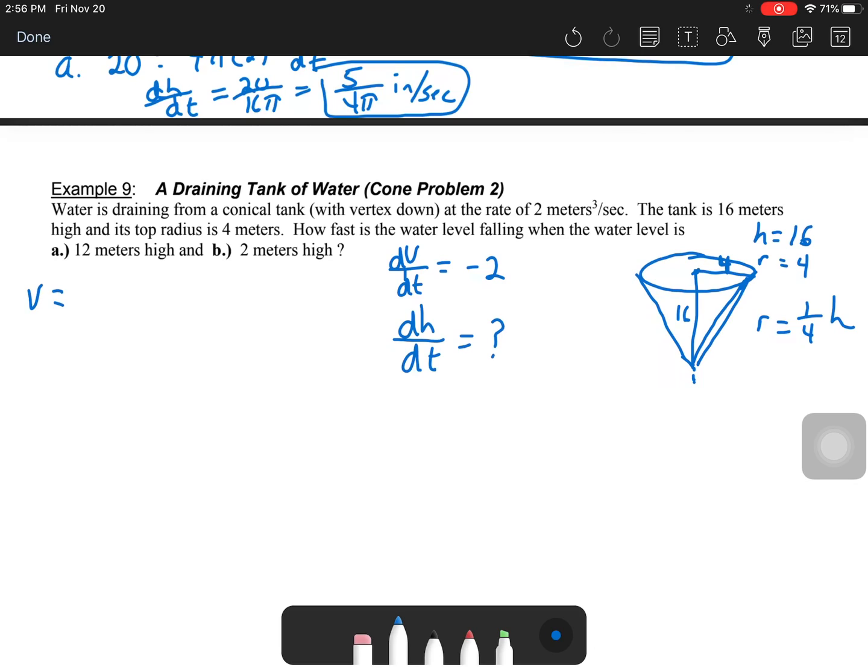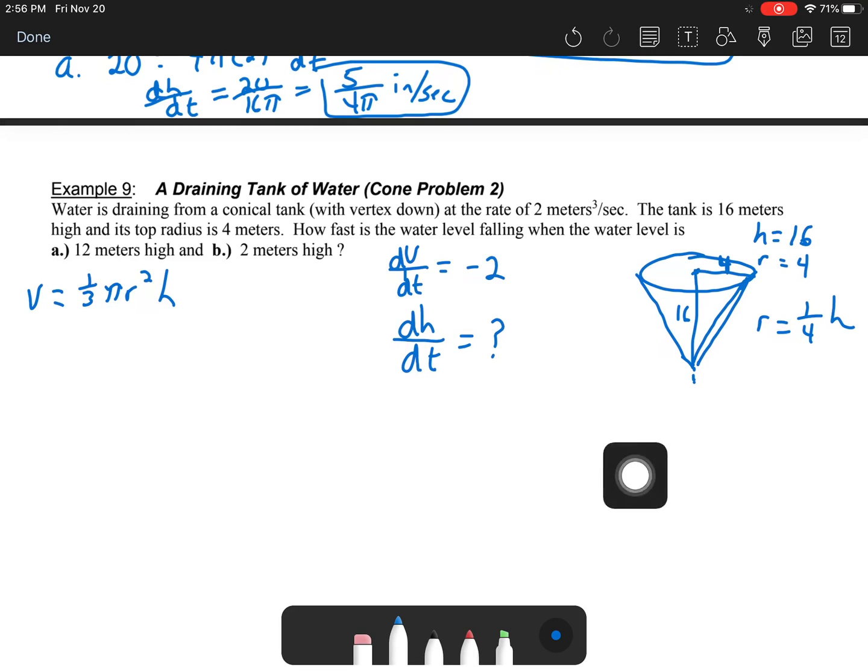All right, so let's start again with our V equals 1/3 pi r squared h. And if we do the derivative, well, no, before I do that, we want to substitute, right? So we don't want to take the derivative and have to apply that product rule. They pretty much always are going to give you a height to radius relationship, and you're going to be able to make that substitution before you do the derivative.